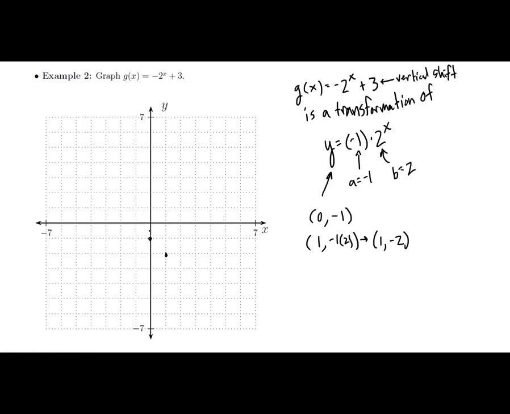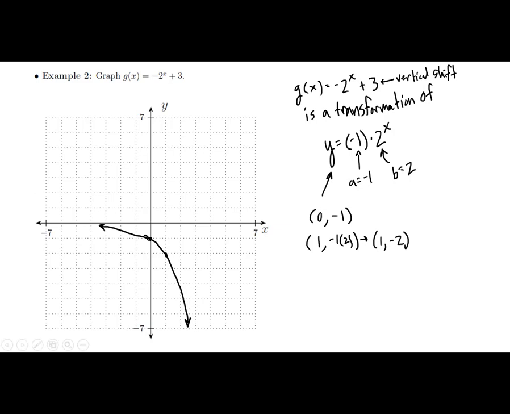I know that y equals 0 is a horizontal asymptote, and so this must do something like that, and then over on this side approach the horizontal asymptote of y equals 0. Okay, so there's our base function there.